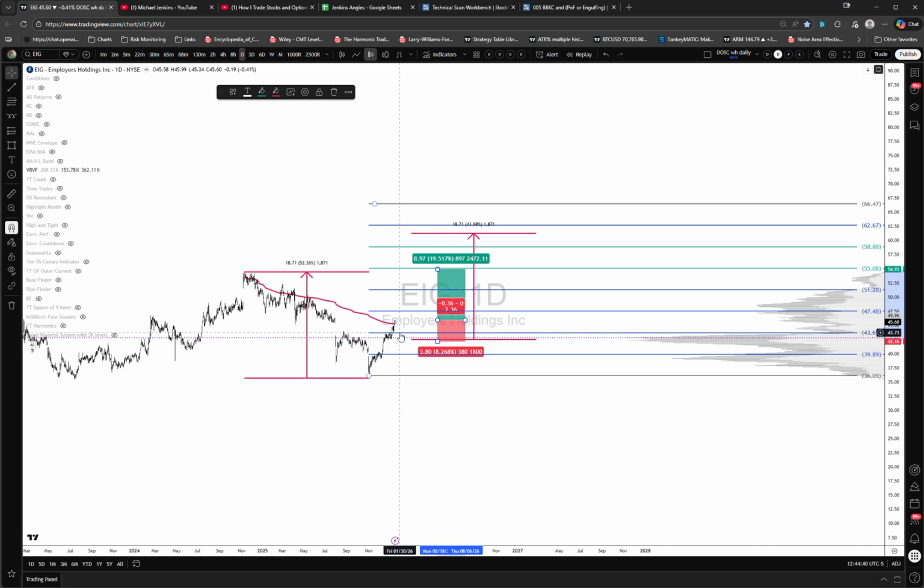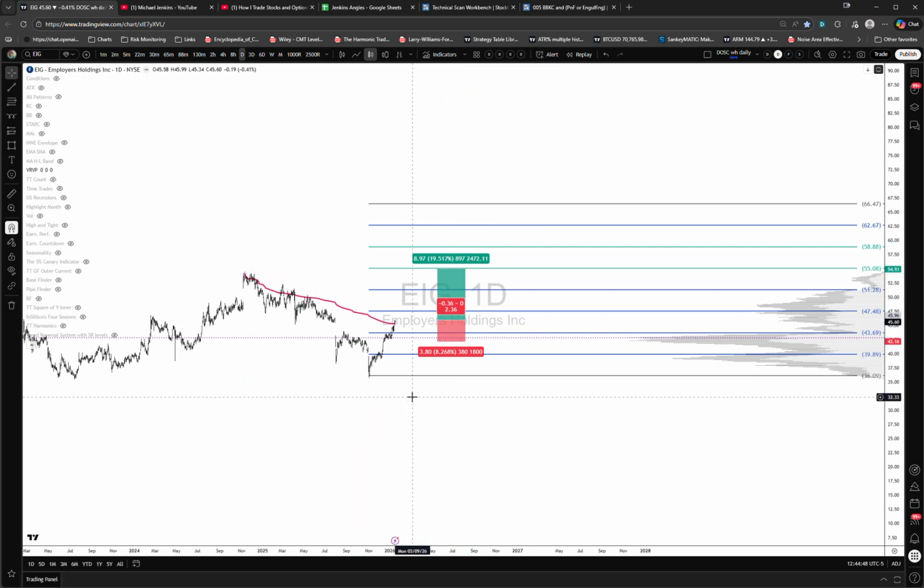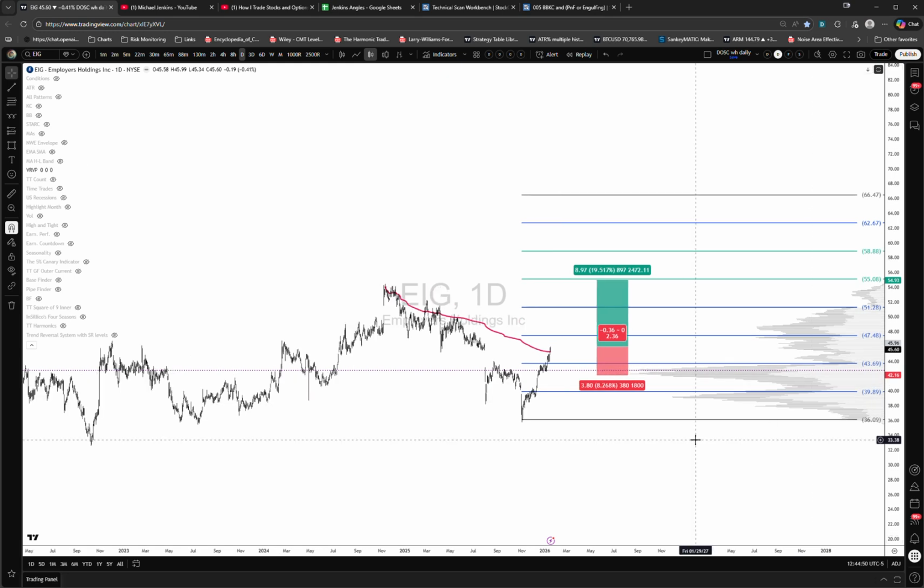I like the stop to be below... Let me get rid of the proportional measure drawing tool for now. When I set my stop on these, my take profit would be around this 55 level. The ATR for the stock is about 80 cents, so I probably want to come in about 80 cents below 43.70.